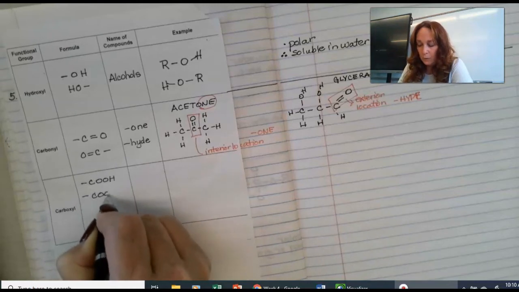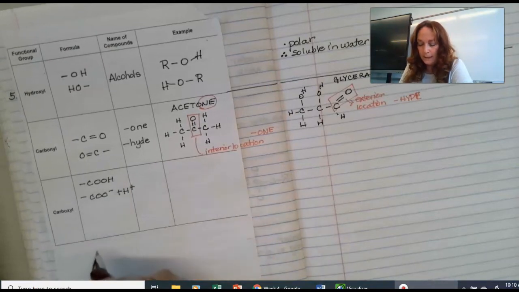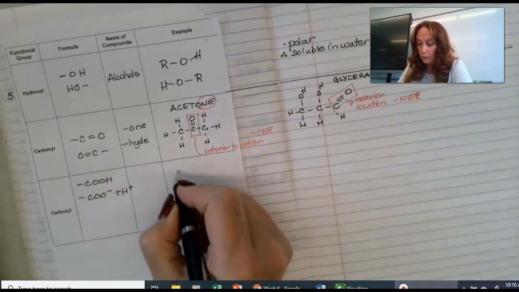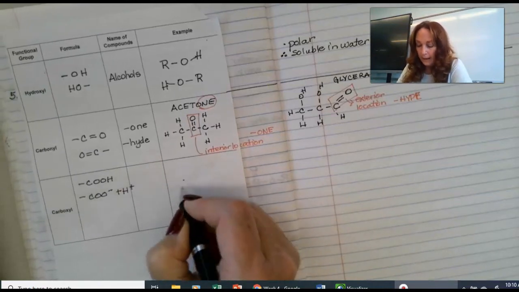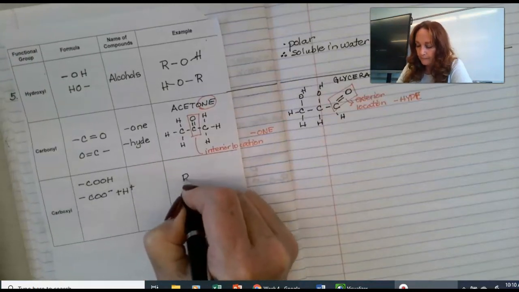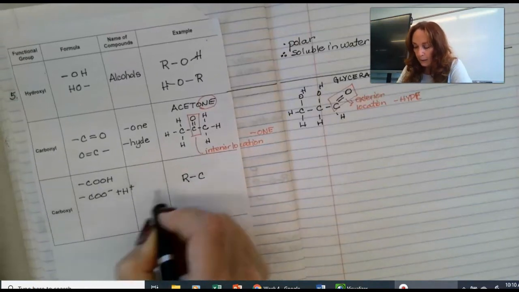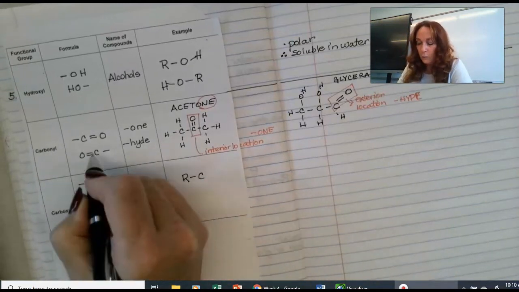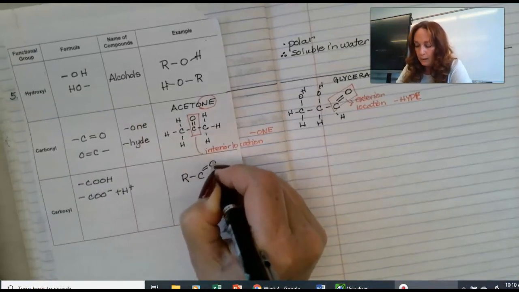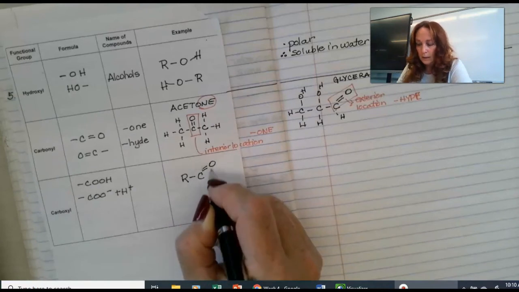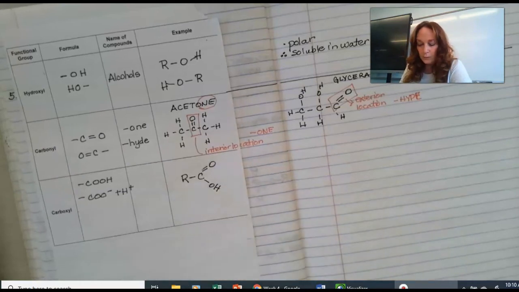So it can be written in an ionized form, where it's lost that hydrogen, or you can actually show spatially where it is. So you could have the rest of the molecule, it's going to be covalently bound always to the carbon, and then we said carbonyl and hydroxyl had a baby. So the carbonyl would be the double bond with the oxygen, and then the hydroxyl would be the OH group.